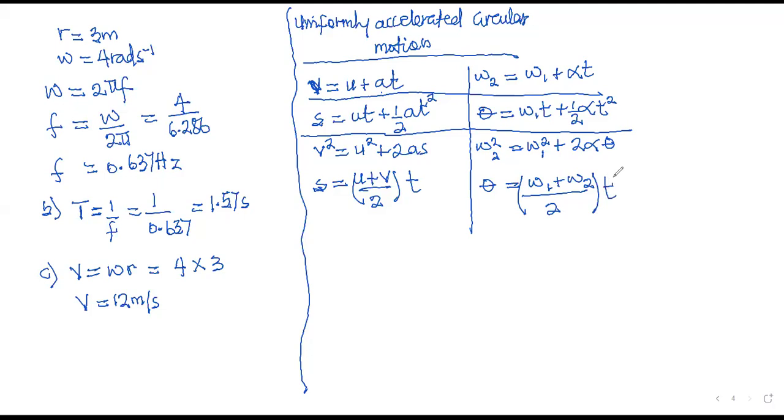So these are the equations of circular motion. Once we have an idea of linear motion equations, we can easily connect it to circular motion and we are good to go.